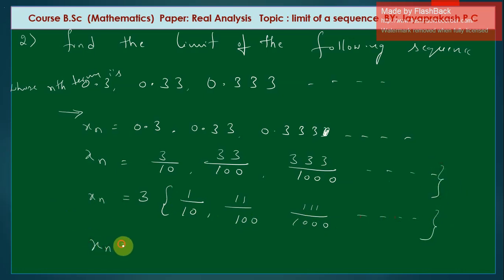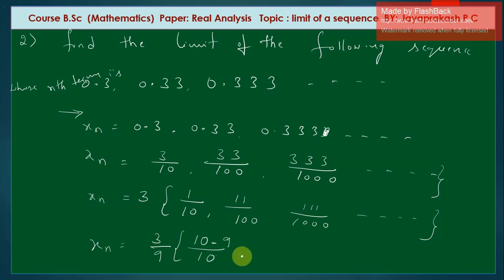So xn is equal to 3 by, and 1 can be written as 10 minus 9, by 10. Taking 9 as a common factor, 10 minus 9 by 10.